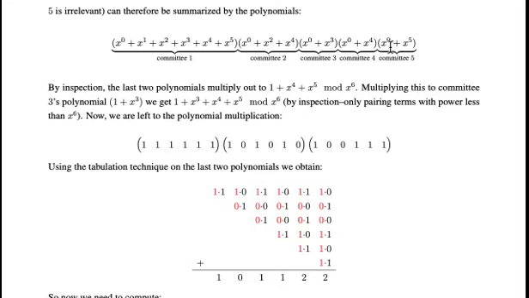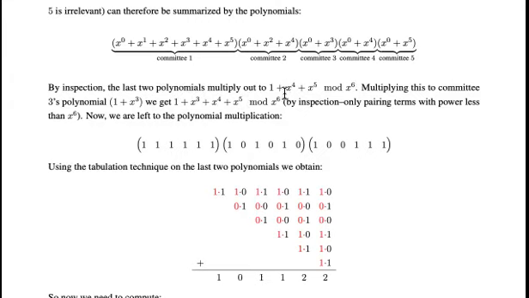Then if we multiply this by community 3's polynomial, 1 plus x cubed, we end up getting this right here. It makes sense. We have 1 plus x cubed and we multiply it by this.